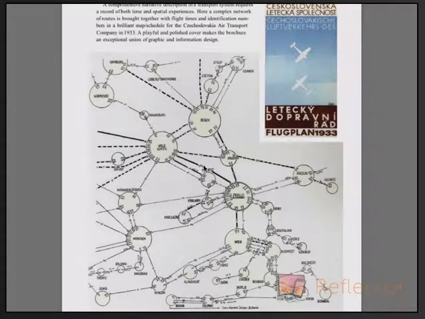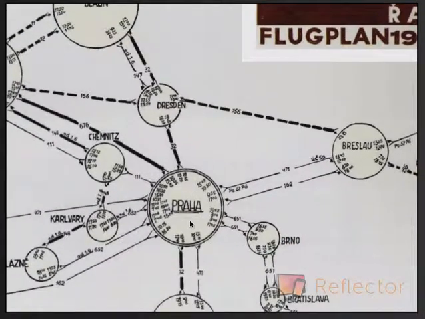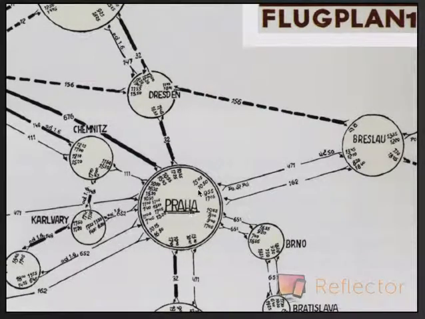So quickly you get an idea of the size of each hub. Some are very small and some are quite large, and you see the distance relative to each hub. Let me zoom in. Inside each hub, you get arrival and departure information and how long each flight is.